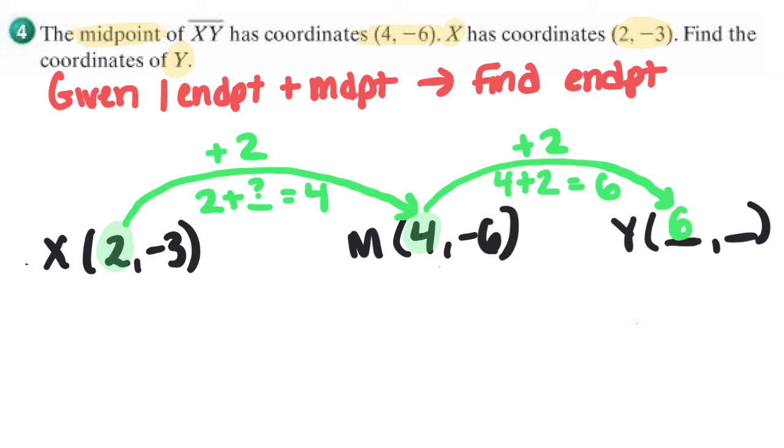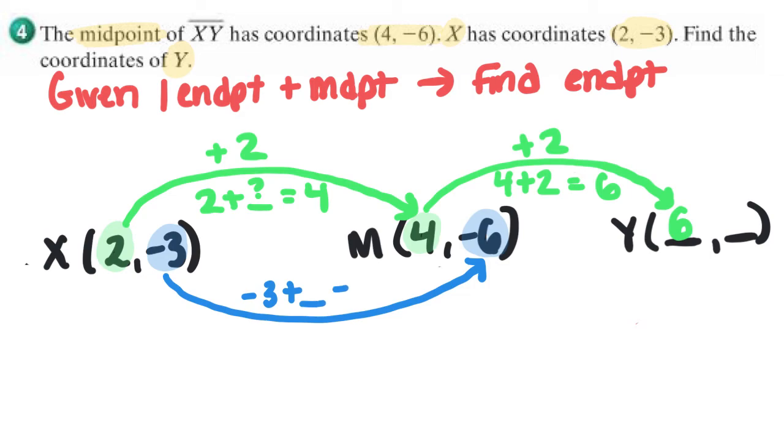Now we're going to do the same process with the y coordinates. So my first y is -3, and my next y is -6. So we're asking ourselves, what do I do to get from this -3 to this -6? So -3 plus what would give me -6?